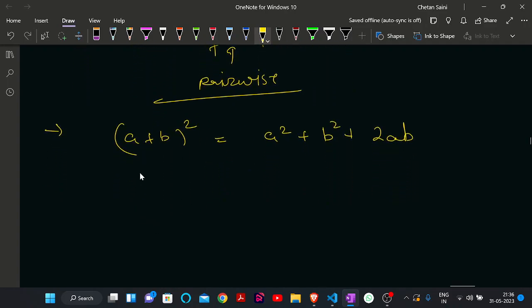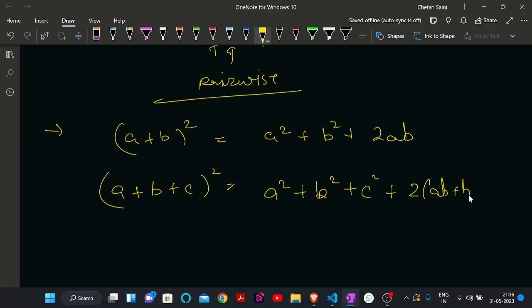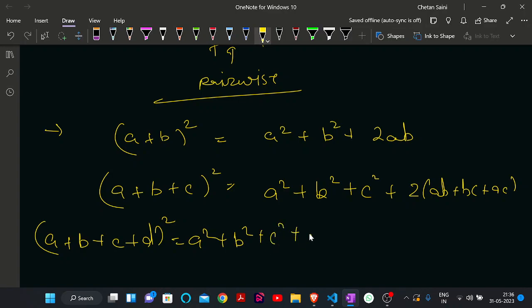Now, what is the value of (a plus b plus c) whole square? That is a square plus b square plus c square plus 2 times (ab plus bc plus ac). And what is the value of (a plus b plus c plus d) whole square? That is a square plus b square plus c square plus d square plus 2 into (ab plus ac plus ad plus bc plus bd plus cd).